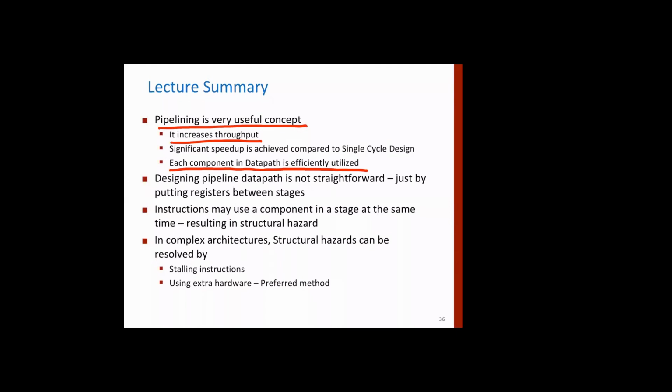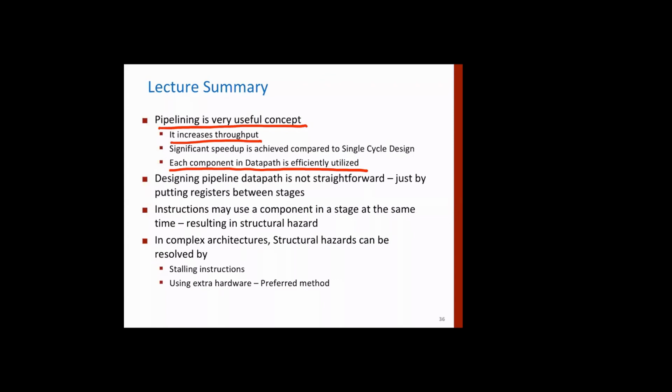The only inefficiency is when there are some hazards, which we'll see later, or in the beginning when the pipeline is empty and the first instruction is getting into the pipeline. But otherwise, most of the time, most of the stages are used. Hence, the throughput, the overall number of instructions executed in a period of time, is much higher than in the single cycle design.